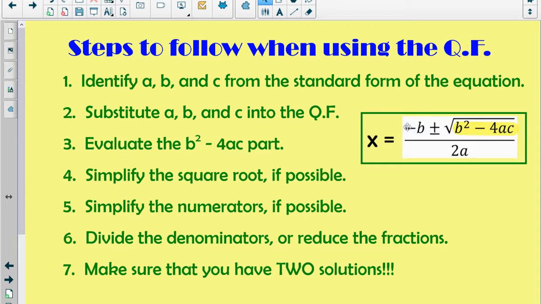That just means I want to take this first number and add it to the square root of whatever, and then I want to take this first number and subtract that square root number from it. So that's simplifying your numerators if possible. And then divide by whatever's in the denominator. That's kind of your last step. Now, if you can't divide it out evenly, we just reduce it like a fraction. And when you're done, please make sure that you always have your 2 solutions.